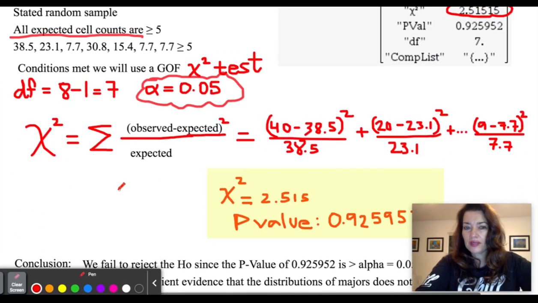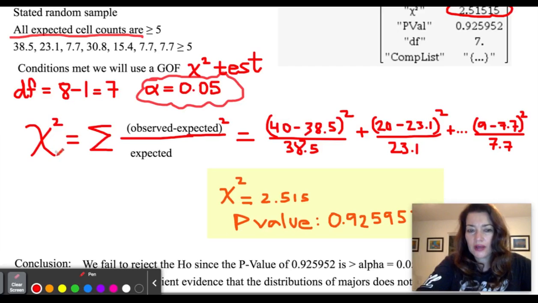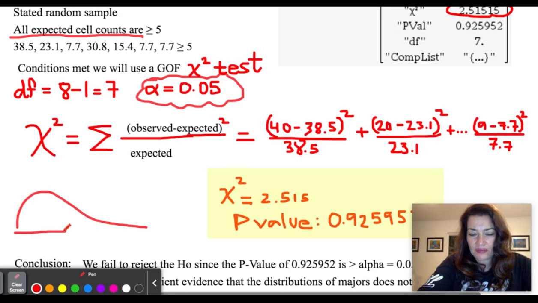All right, now the formula, how do we write that down? Our chi-square distribution is always going to be a curve skewed to the right. So it is never going to be negative, and in a moment I'll show you why, or maybe you can think of why. So basically 0 and to the right. Now if you're looking at the formula, we are always taking the observed minus the expected, and then we are squaring it and dividing by the expected value.